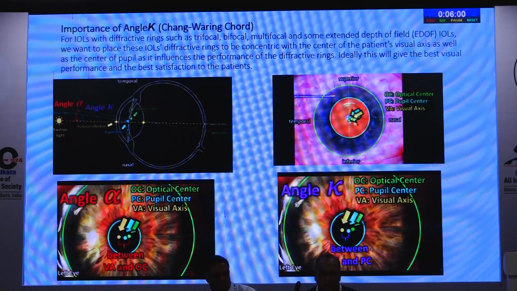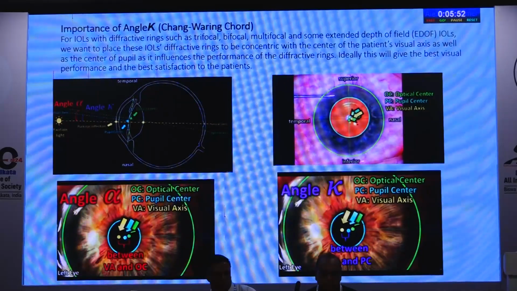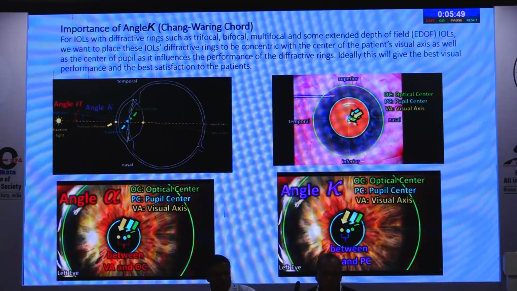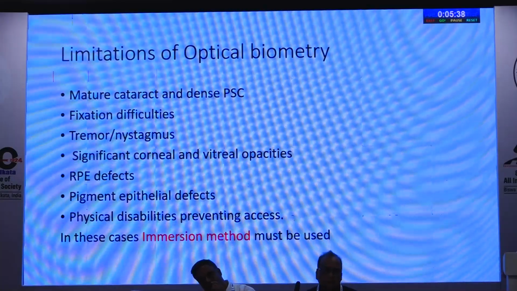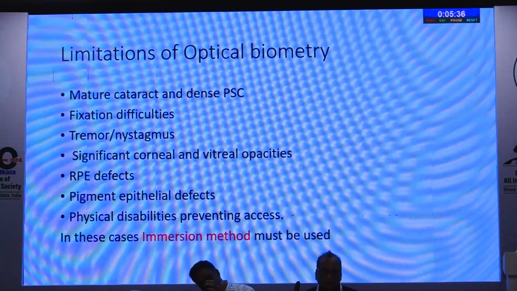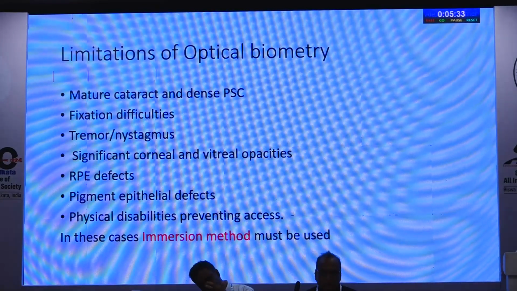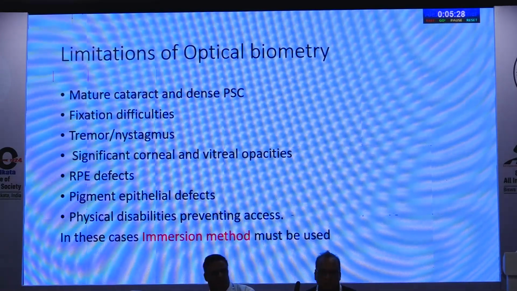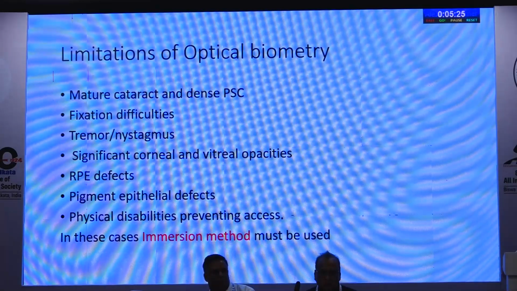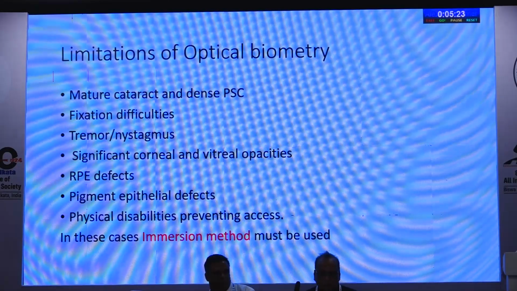We want to place the IOL diffractive rings concentric with the patient's visual axis, as the center of the pupil influences the performance of the diffractive ring. Ideally, we give the best visual performance and the best satisfaction to the patient if this value is low. So at this point, I want to convey that the CW-C reading should be below 0.6 millimeter. Otherwise, you will get distorted images. So I prefer 0.3 to 0.4 millimeter.